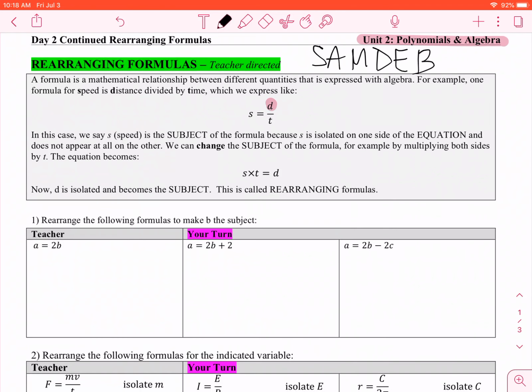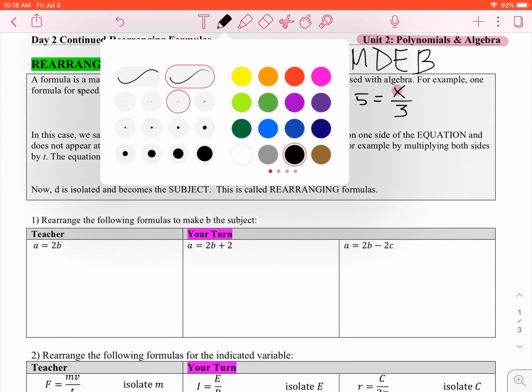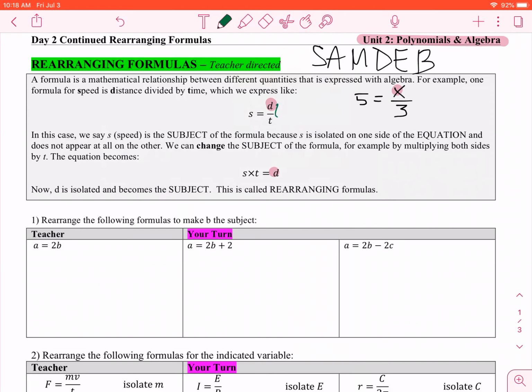This would be similar to if we had 5 is equal to x over 3. Okay, so if we wanted to isolate for x, like how we're trying to isolate for d, you'll notice you multiply both sides by whatever the denominator is. So in this case for speed, we actually multiplied both sides by t.